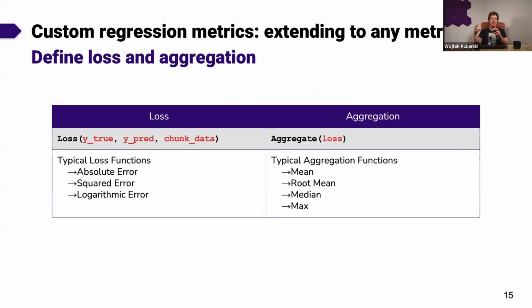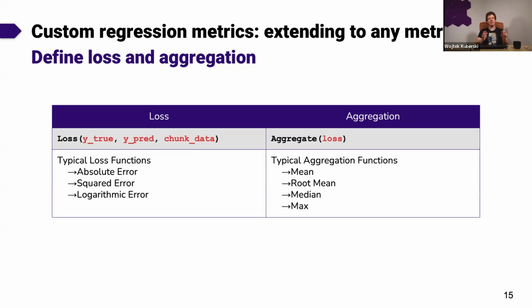And we can also use any data that is in the chunk. So we can use the segment values, we can use the timestamps, so we can have some kind of exponentially decaying metric if we're interested in that. We can have metrics that are weighted by segment, or any additional data that we are interested in. Typical loss functions for regression models will be the absolute error, squared error, or the logarithmic error.